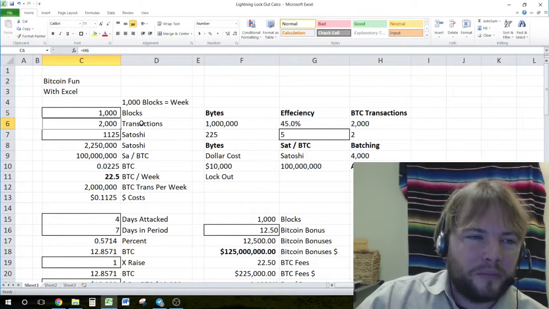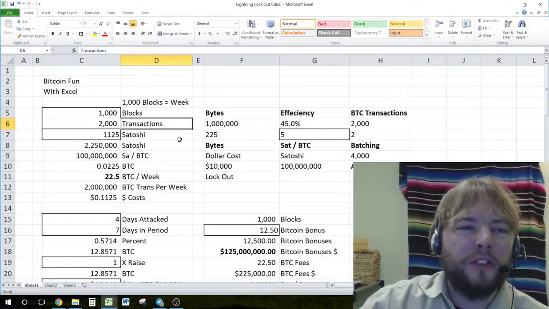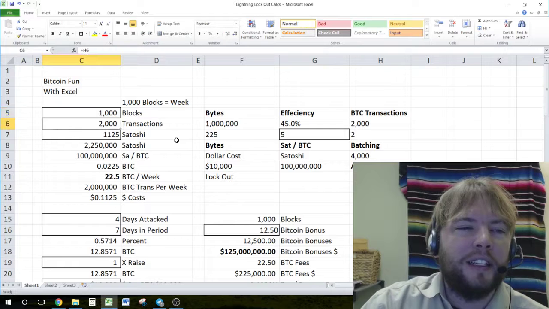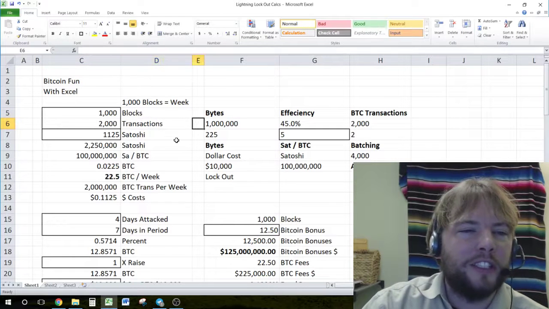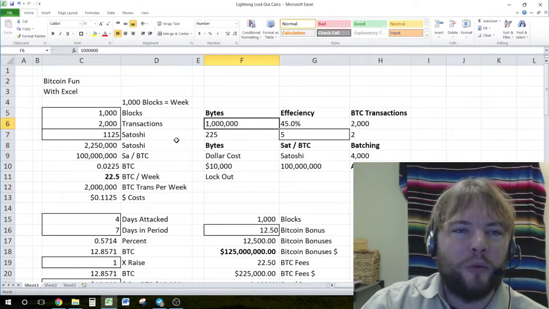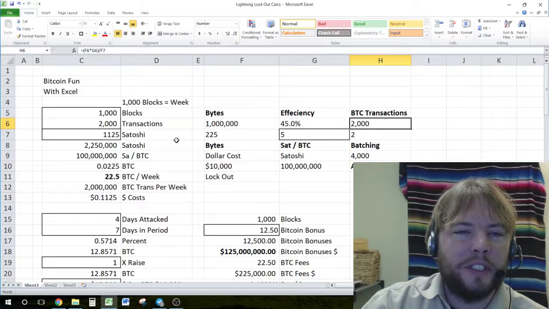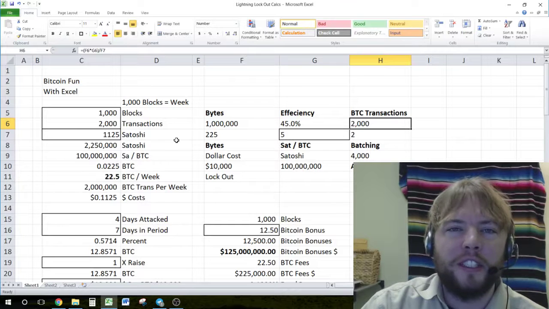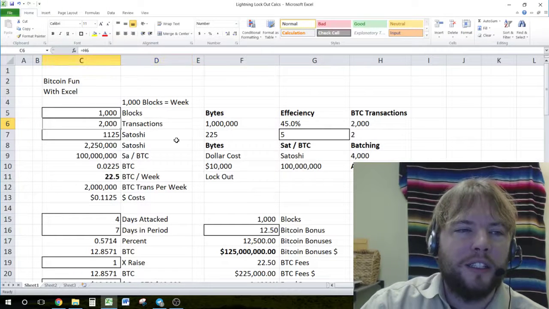In Bitcoin, we're used to saying transactions, and there's roughly 2,000 transactions per block, with a 1 megabyte block of 45% efficiency, with 225 bytes per average Bitcoin transaction. That comes out to 2,000 Bitcoin transactions per block.